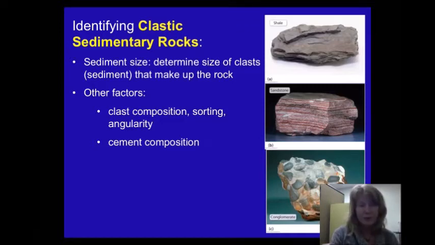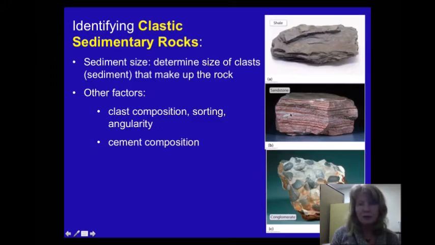And then sometimes it becomes useful when you're identifying clastic sedimentary rocks to look at the nature of the cement that's holding the clasts together. So for example, in this picture, we see that there are large pieces of sediment, and there's some finer-grained material holding that sediment together. That can be considered the cement for this.